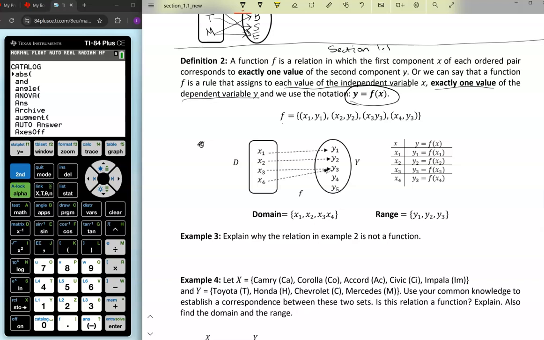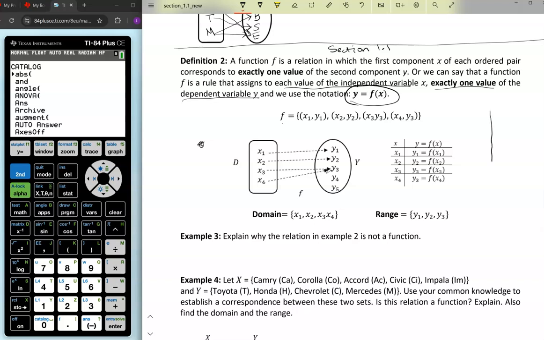So we have one arrow coming out of each of these x's in the domain, which is a very good thing. If you only have one arrow coming from each of the input values, then you're looking at a function. Now, the fact that this y3 is shared between these two x values is fine. It's not a big deal.